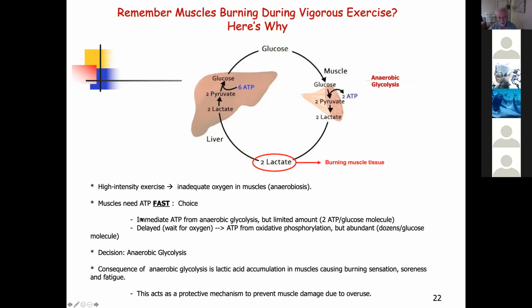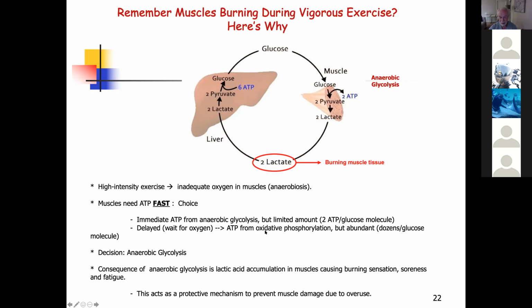So they can do one of 2 things, either get ATP from anaerobic glycolysis, which I just showed you, but a very limited amount. They get 2 ATPs for every molecule of glucose, only 2 ATPs, but at least it's something. The alternative would be to wait for more oxygen, wait for your lungs to deliver more oxygen to muscle cells.